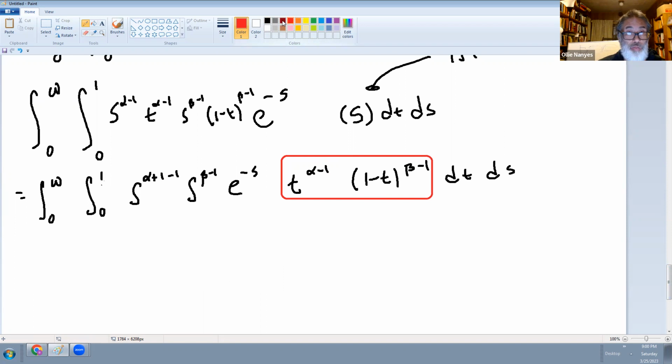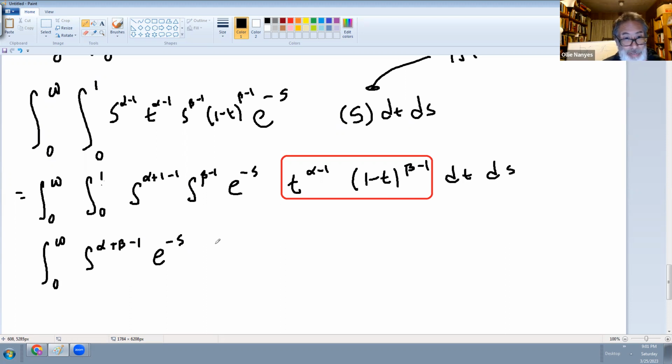So let's just write in black, 0 to infinity. Now these two things combine to be s to the alpha plus 1 minus 1. So it's going to be s to the alpha plus beta minus 1, e to the minus s.